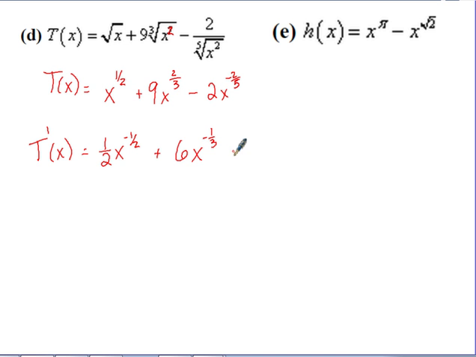A negative times a negative is a positive. Try that again. 4/5 x to the negative 7/5. So guys, how many of you struggle with fractions, adding and subtracting?